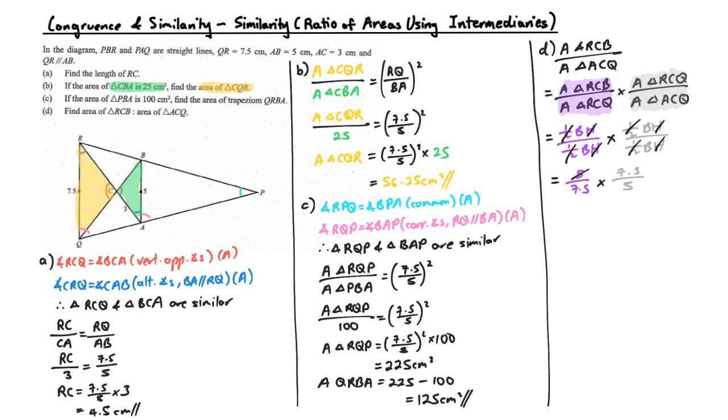As you can see, they're exactly the same, just inverse, so therefore it's 1 over 1. So the ratio of the area of triangle RCB to the area of triangle ACQ will be 1:1. Right?